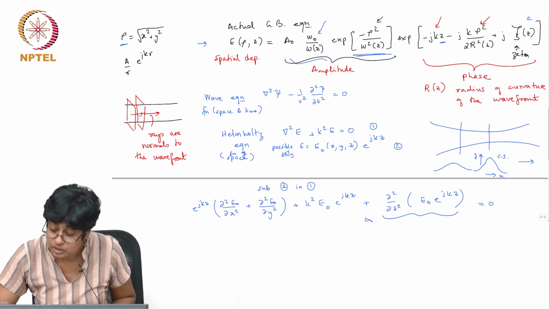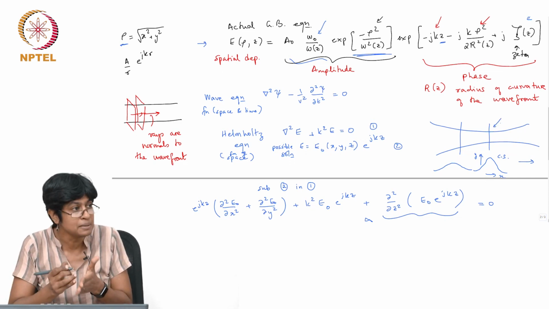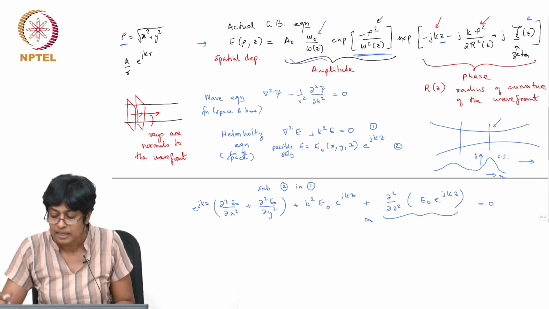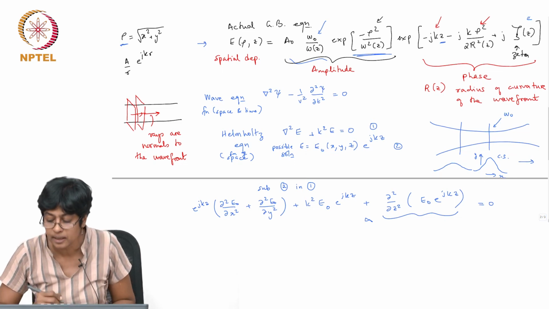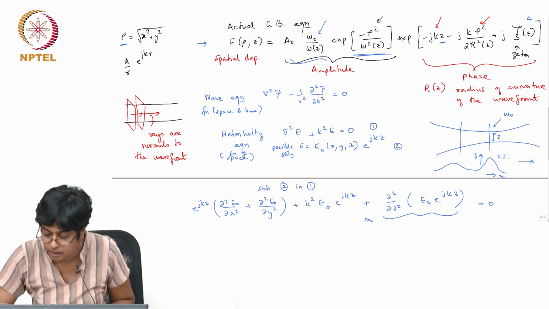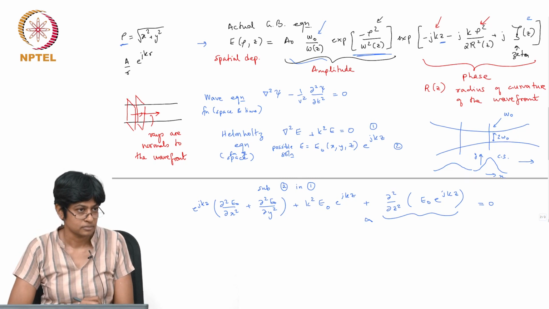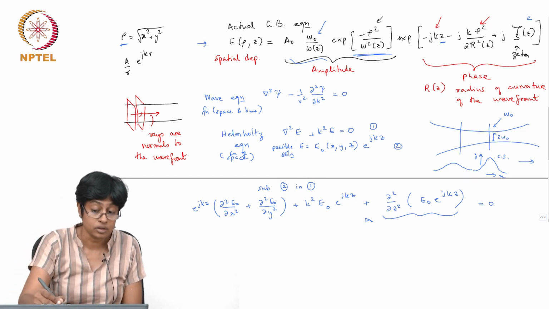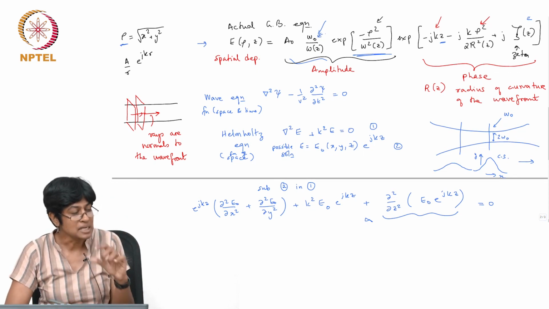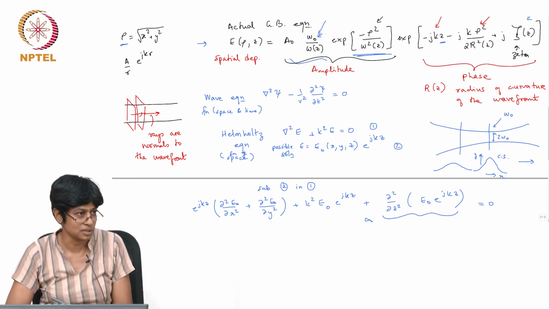There is a place where you have the minimum beam waist. That waist is called omega naught. So this is 2 omega naught. That's the omega naught that you're seeing here. This is the minimum beam size for this Gaussian beam.